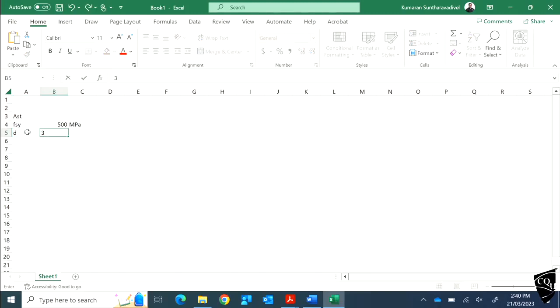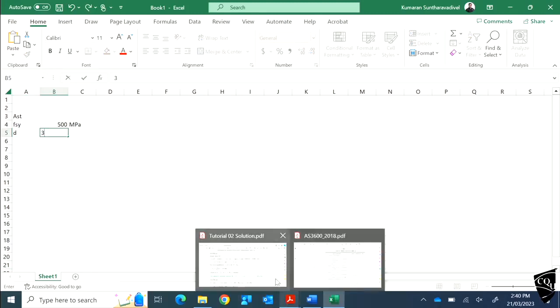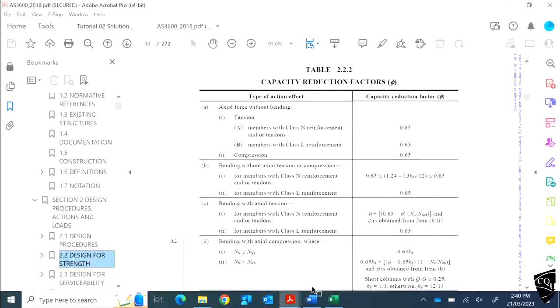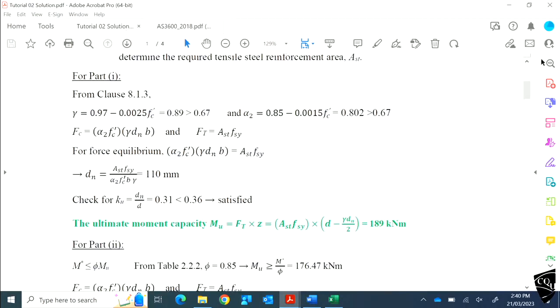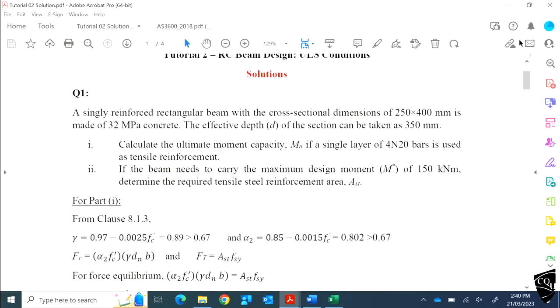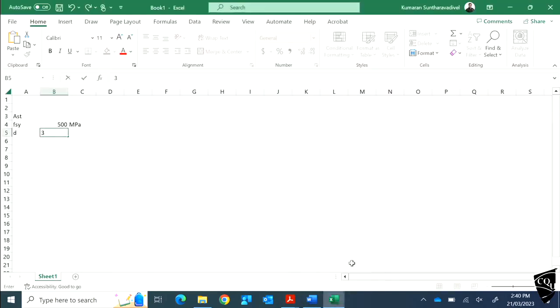Sorry, I might have put the wrong number there. What does the question say? B is 250, and D is 350. Sorry, yes. So B is 250, D is 350.